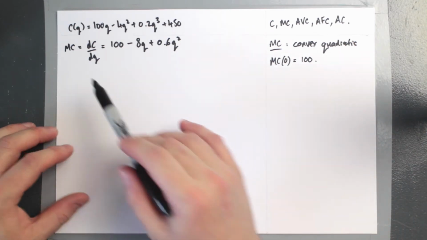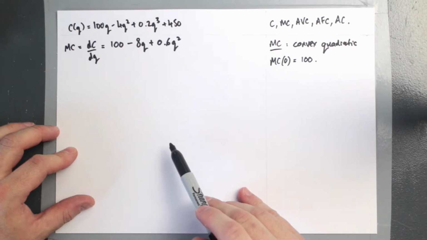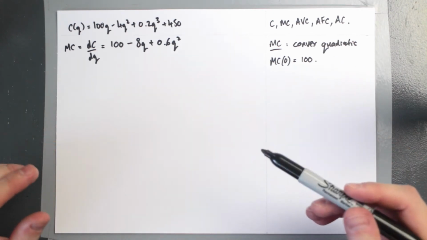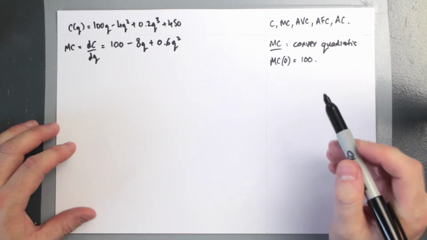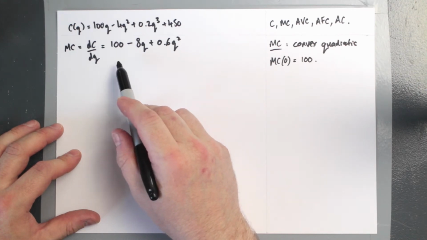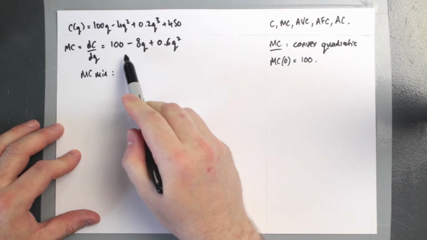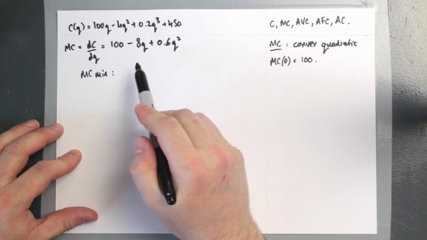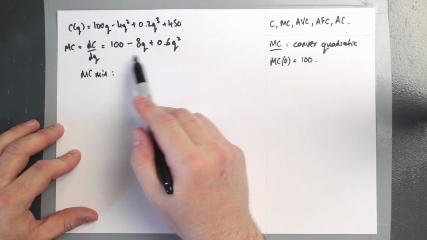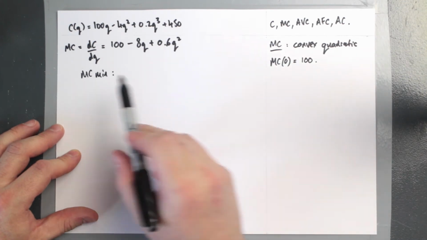What about where it's minimized? I said it's going to decrease to some point, and after that level of output, it will increase. So it would be good to know that level of output. Where does that minimum of marginal cost occur? To find that, all I need to do is differentiate this and then find the value of q that makes that derivative 0. So let's take the derivative of the marginal cost function.